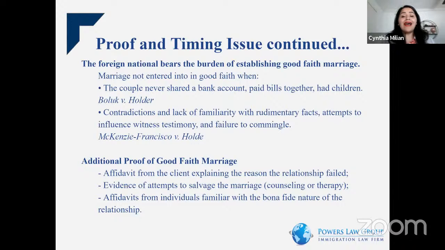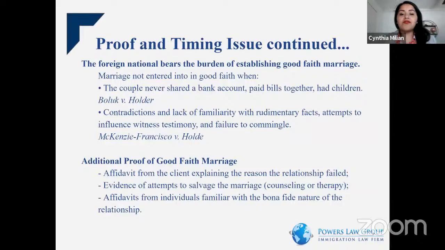And if you don't have the opportunity to include documentation to establish that it was a good faith marriage, then you always have the opportunity to draft affidavits, right? For example, if you had a controlling partner who didn't want to add you to the lease, the mortgage, or any of the utility bills, you want to explain that to USCIS, so they can see that the lack of evidence was because of that abuse or extreme cruelty you faced with that spouse.